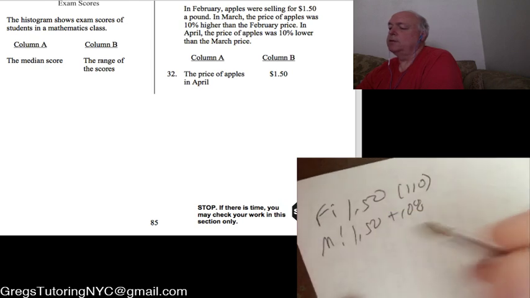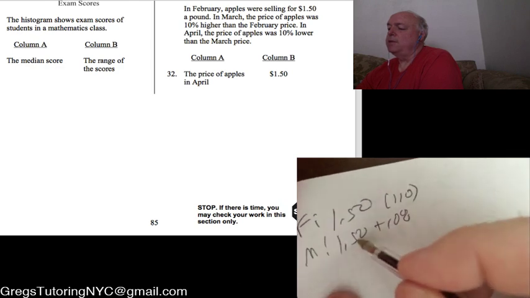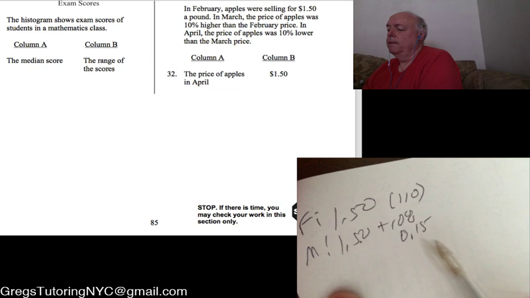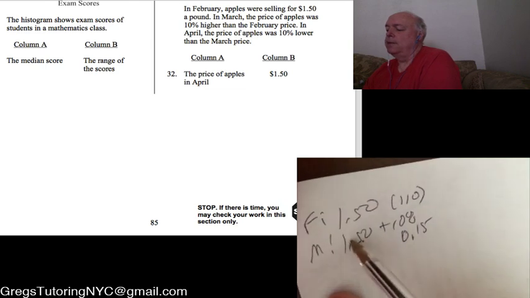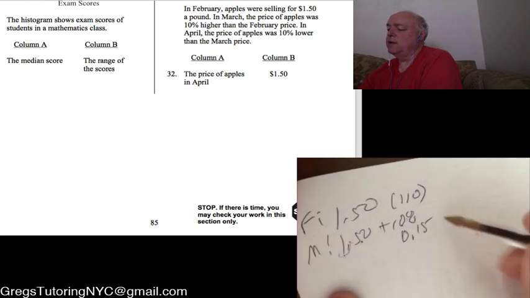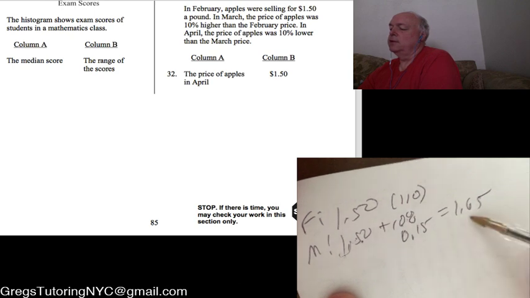I'm just doing this because it's simple math that you could actually do in your head. 10% of this is 15 cents. All I do is divide by 10. 10% is 1/10, so I just divide it by 10. It's 15 cents, so we get $1.65. That's simple to know: $1.50 times 110 divided by 100. So I get $1.65, right?